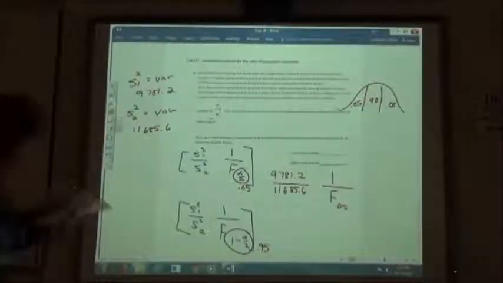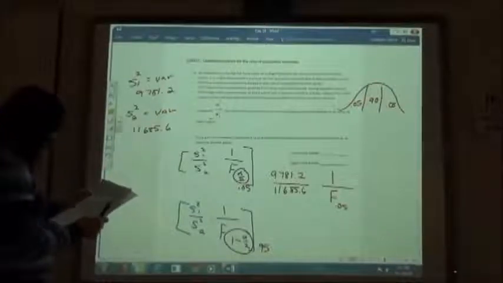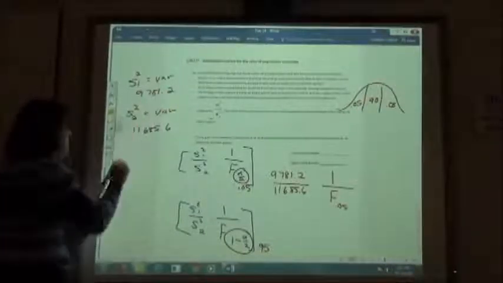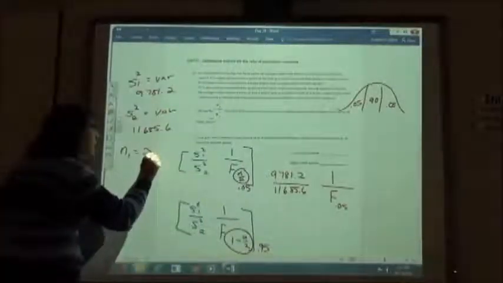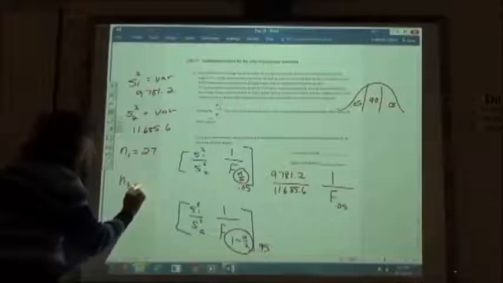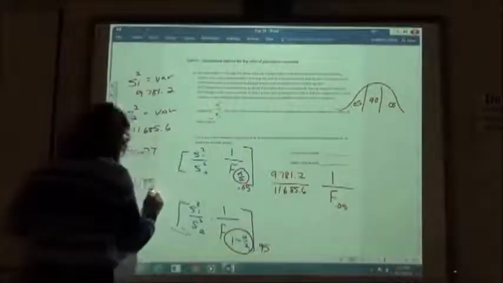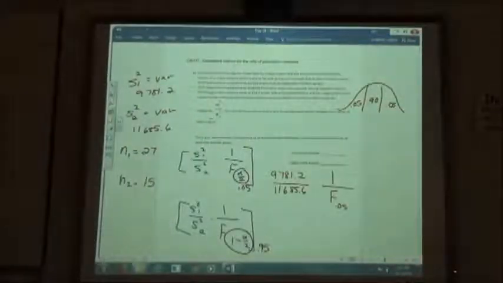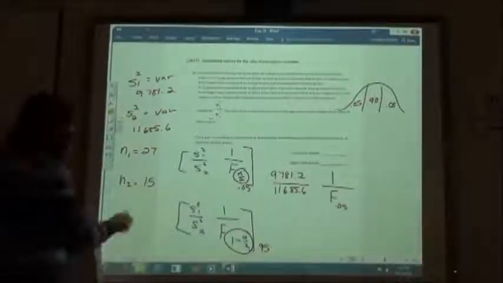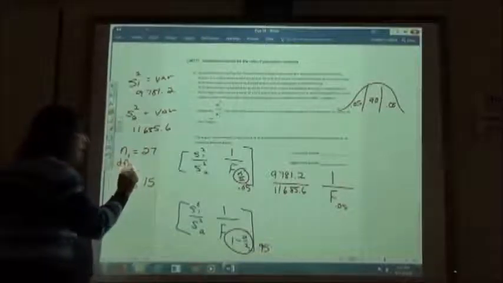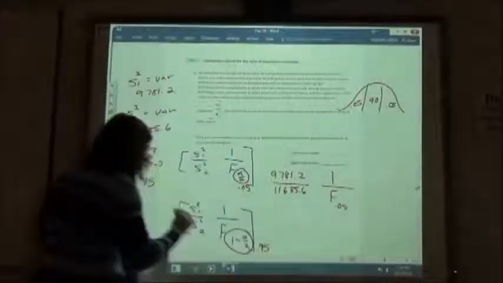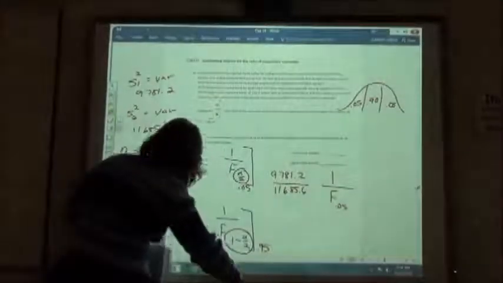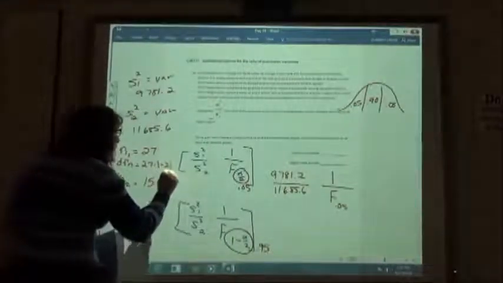On my degree of freedom here, let's see, N1, I had 27 in my sample, and N2, I had 15 in my sample. For my degree of freedom, I am going to do N minus 1. So for my degree of freedom in my numerator, I would do 27 minus 1, which is 26.